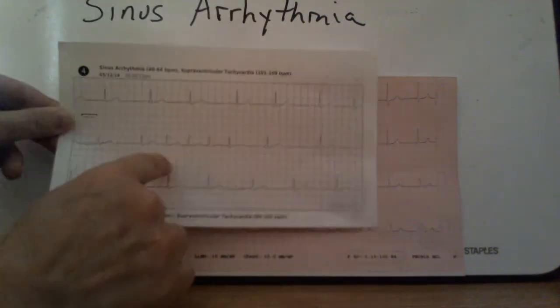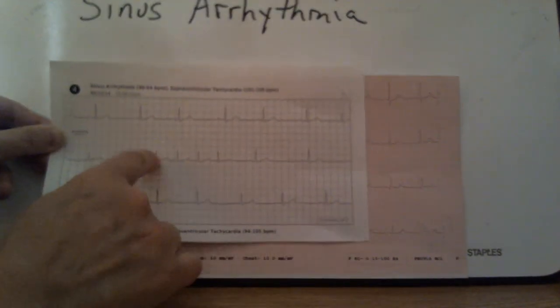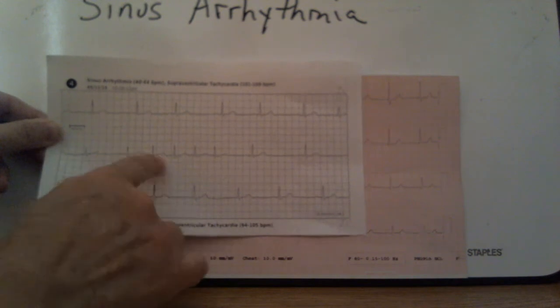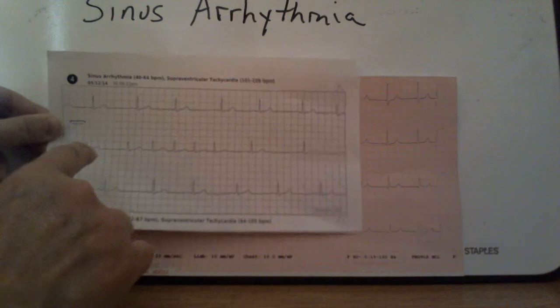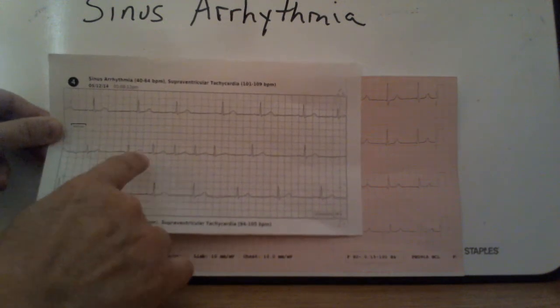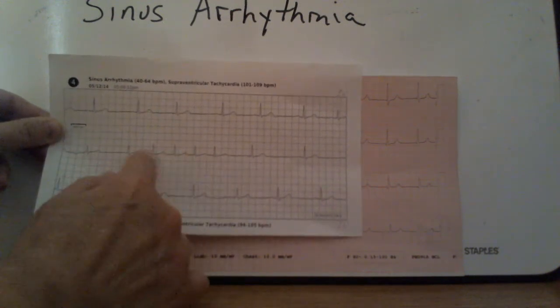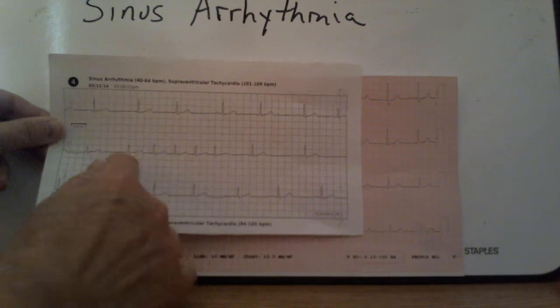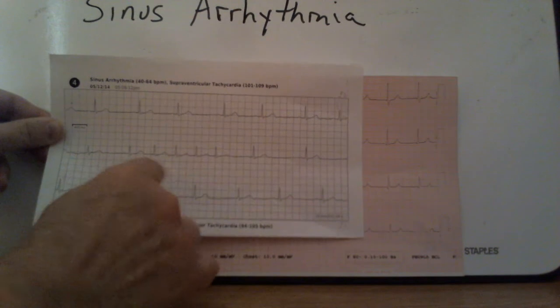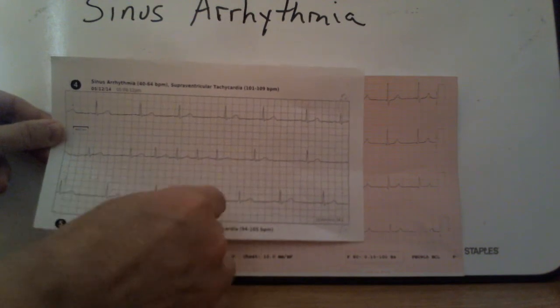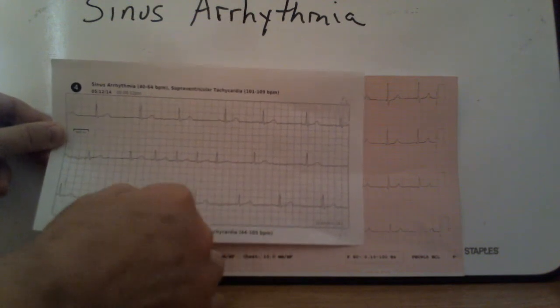In this example right here, see it's very slow, then it speeds up, then it slows down again. And, you know, it's definitely a sinus arrhythmia, and you would just count the QRS in a 6-second strip, multiply by 10.